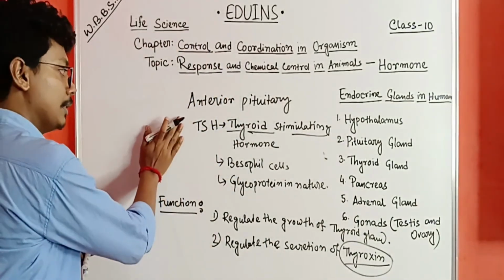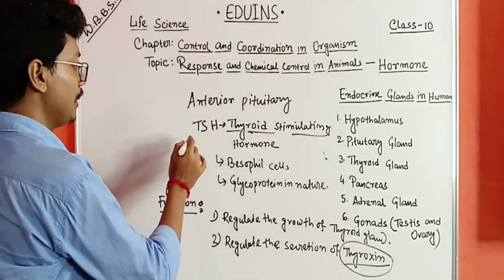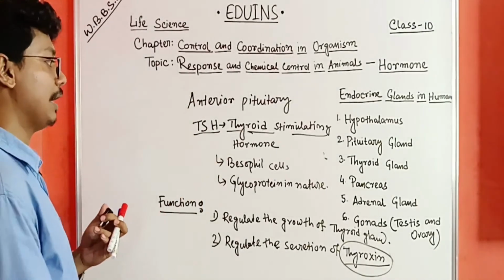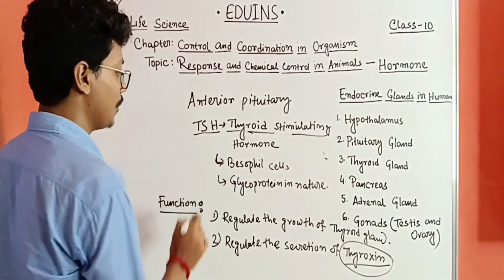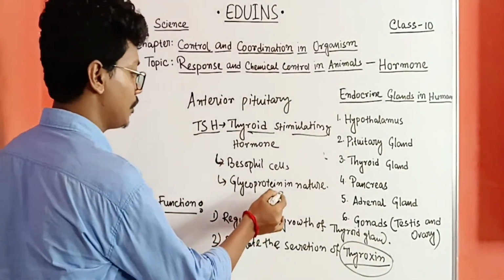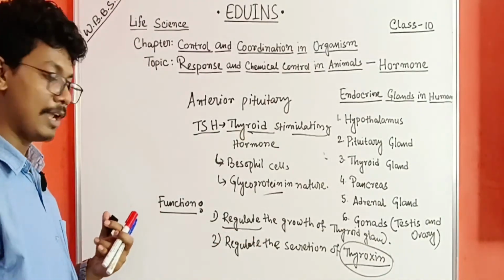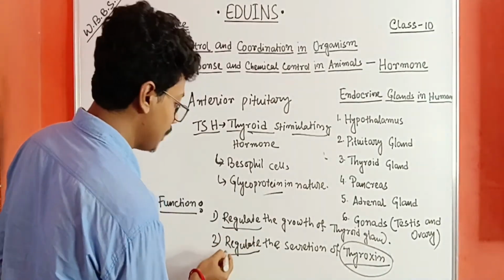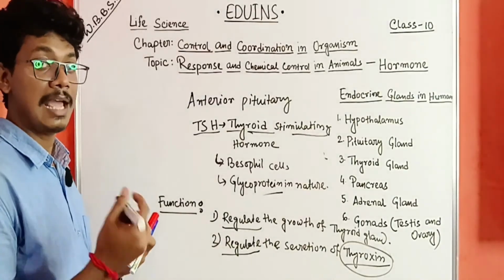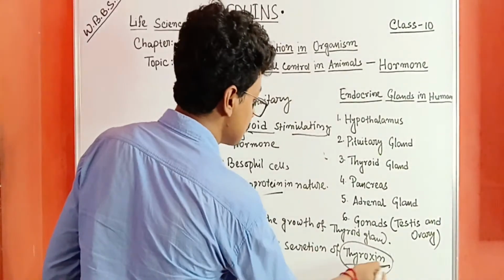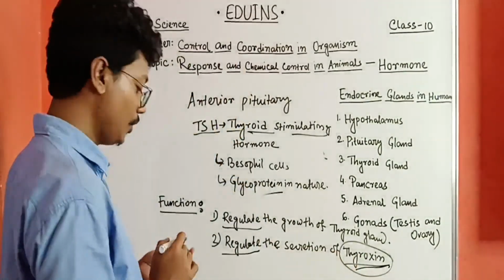So from the anterior pituitary is released the TSH, which is secreted from the basophil cells, and it is glycoprotein in nature. The function is to regulate the growth of the thyroid gland and also regulate the secretion of the thyroid gland hormone, that is thyroxine. Okay.